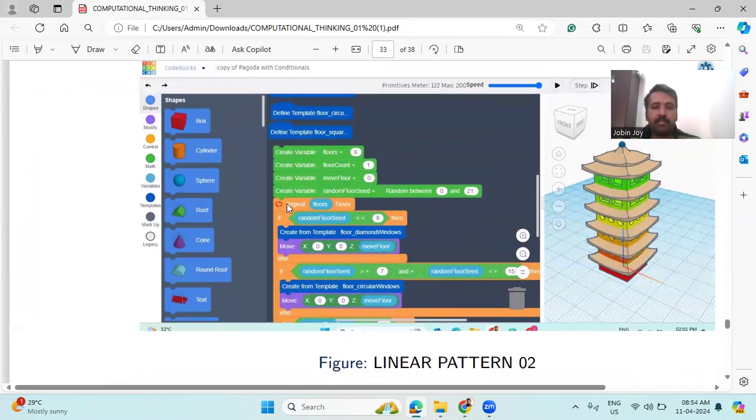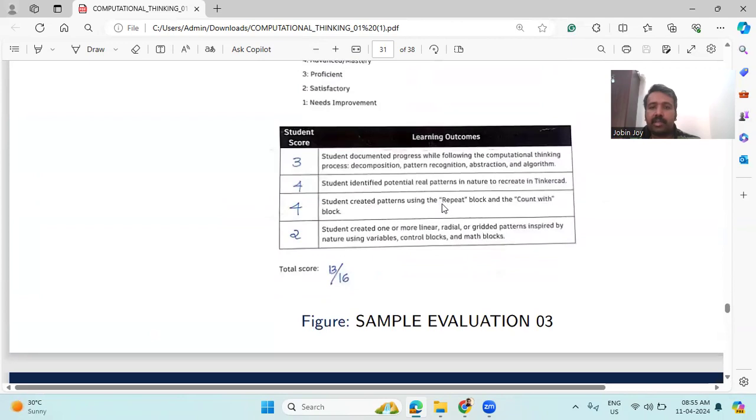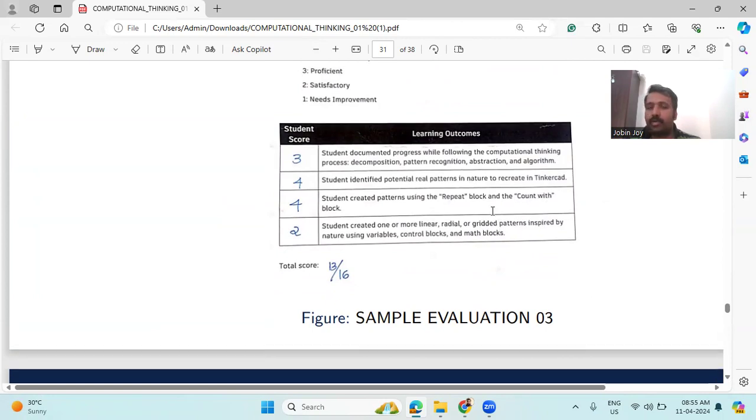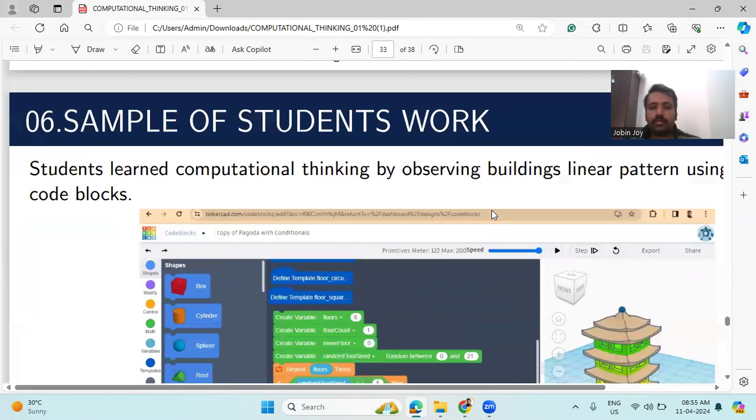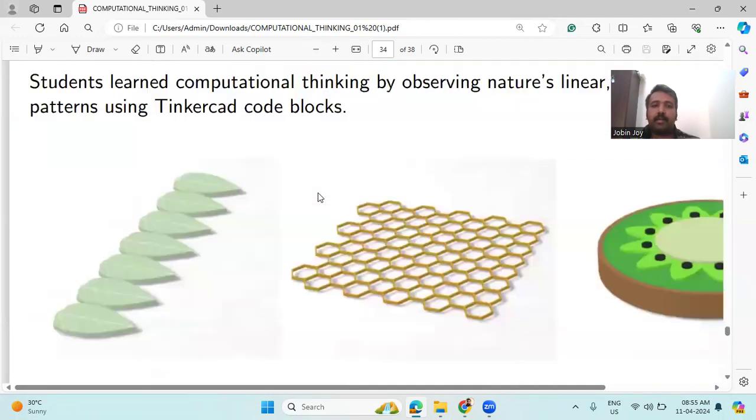You can see the repeat block. I already told you in the evaluation rubric, one outcome is you should use repeat block, count with block, etc. So here you can see the repeat block. Okay, yeah, correct.